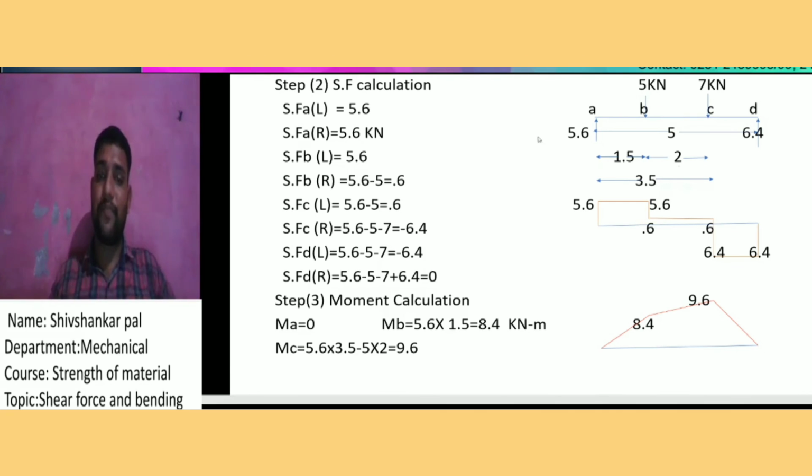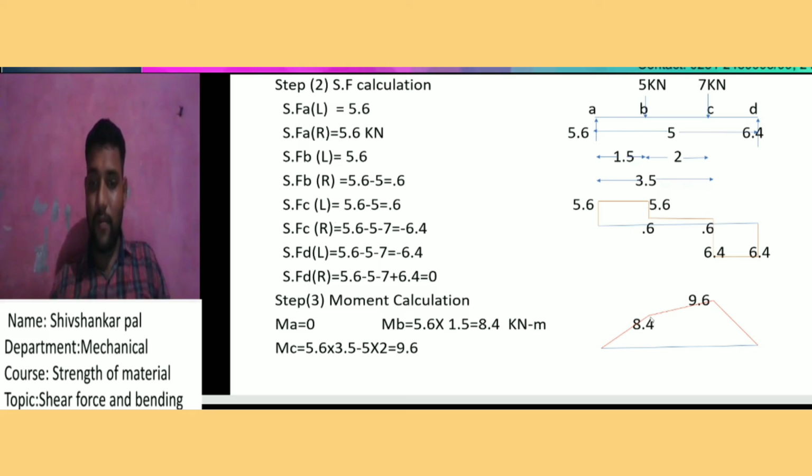So the sign of the moment is minus: force 5 kN into perpendicular distance 2 meters, so minus 5 into 2. The resultant is 9.6, so the moment about point C is equal to 9.6.